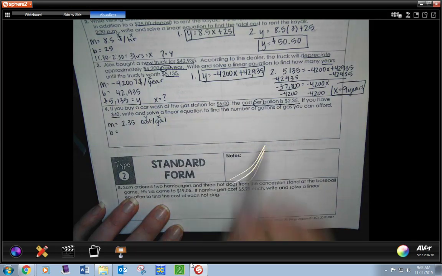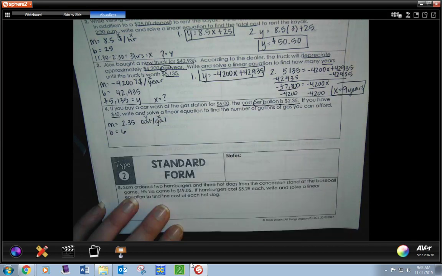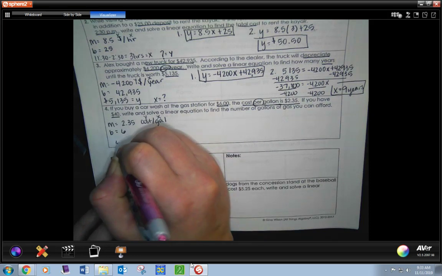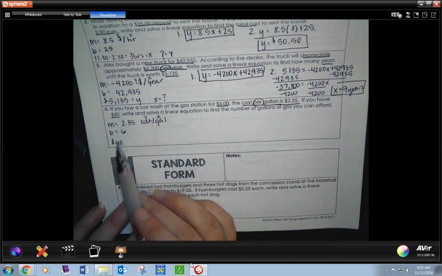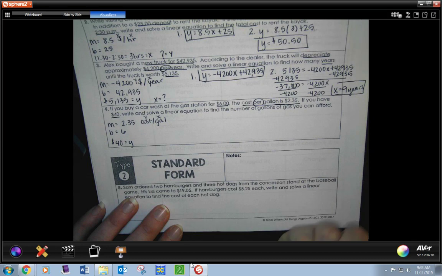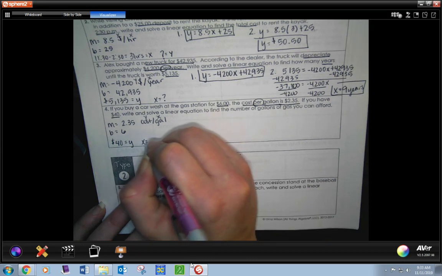Now, in order to get that for my cost per gallon, I have to buy that $6 car wash. So that's what I start with. And then I have $40. Since 40 is talking about dollars, dollars is cost, not gallons. So they gave me y. That means I want to find what x is.